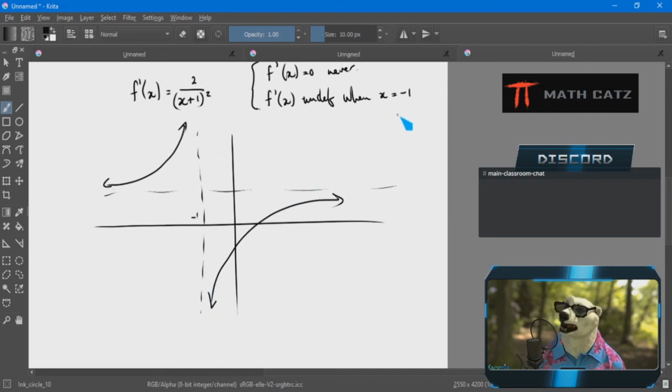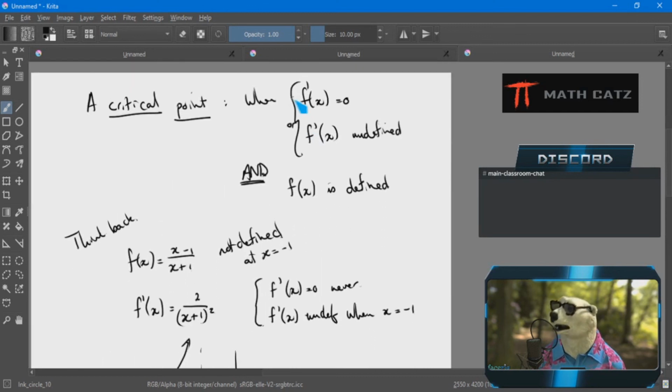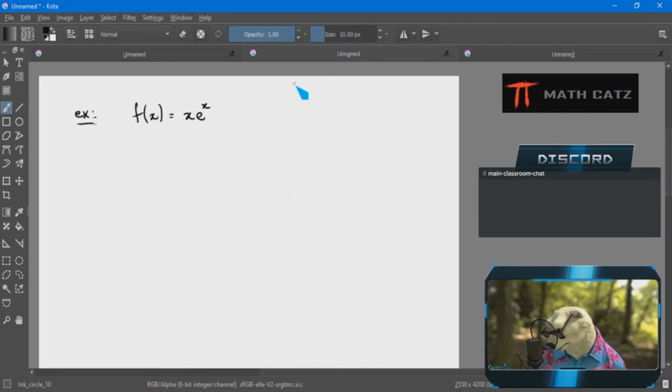So it can't be classified as a critical point. It has to be critical, but it has to be a point for me to call it a critical point. Okay, so let's keep that in mind as we look at this function, and then we will see what the critical points are, if there are any.